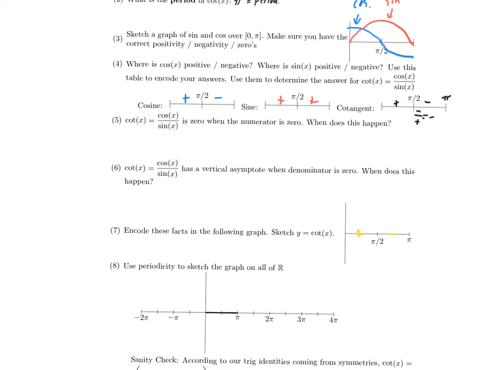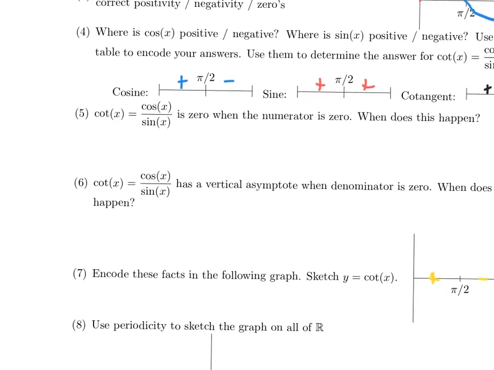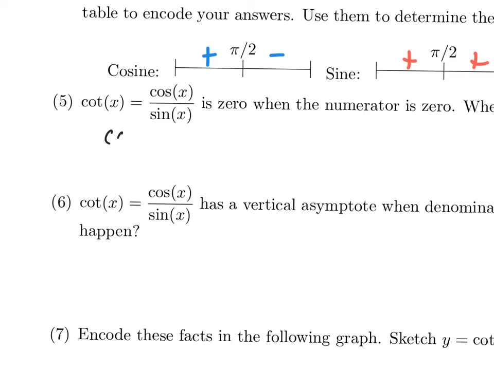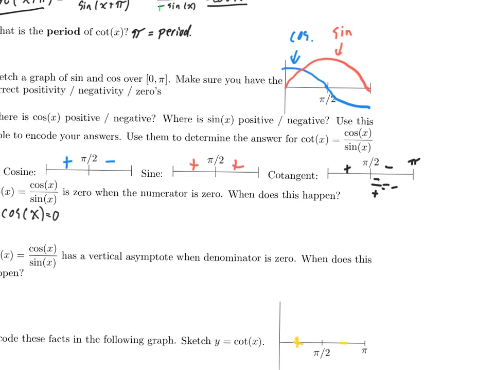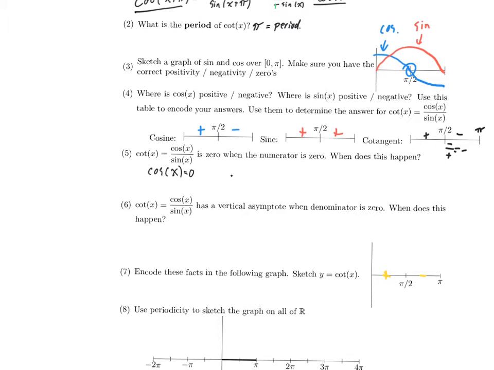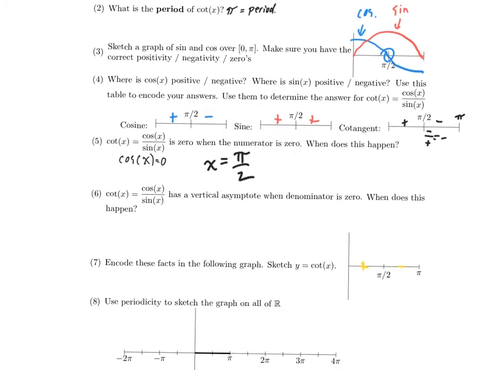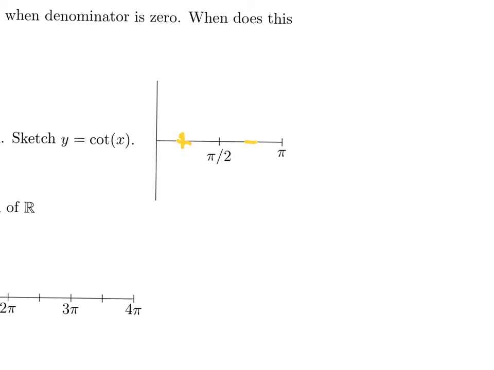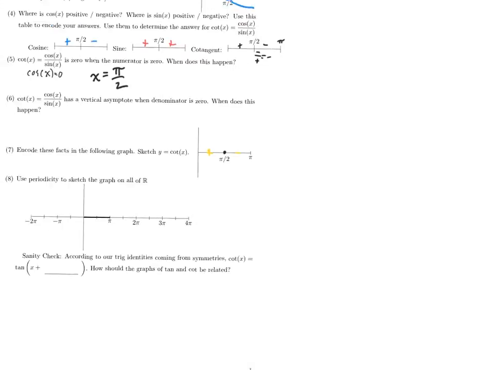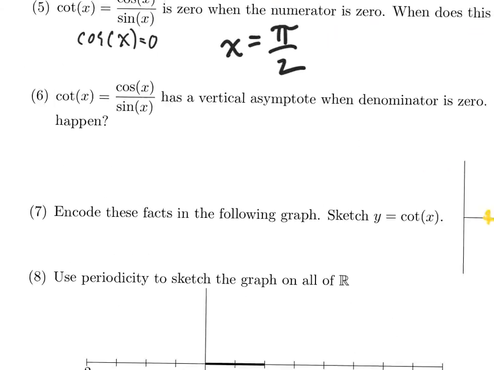Cotangent is 0 when the numerator is 0. When does that happen? And remember, I'm only interested in values between 0 and pi. So I need to know when cosine of x equals 0 if I want to figure out where cotangent is 0. Looking at this graph, that is right here at pi over 2. Cotangent is 0 when x is equal to pi over 2. There is a vertical asymptote when the denominator is 0.